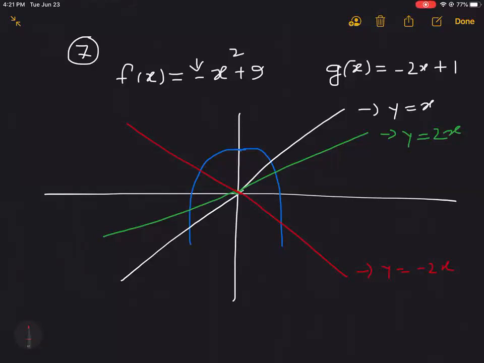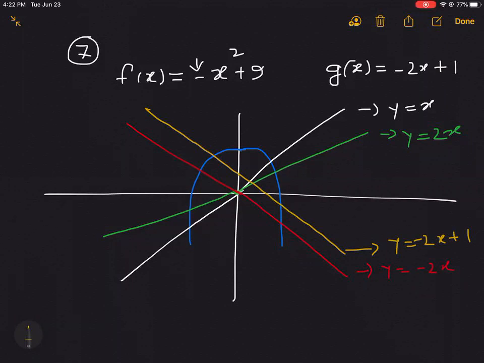That means it will go up by 1, right? We'll have a vertical shift by just 1 unit. And that means this will go like this. So this will be your graph, okay?